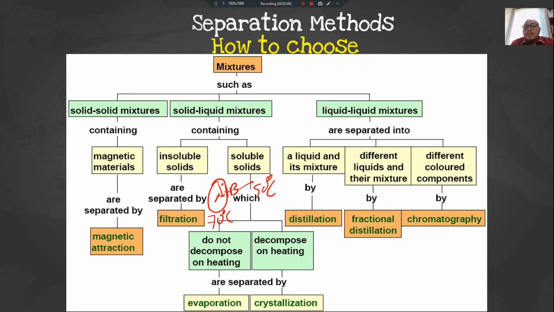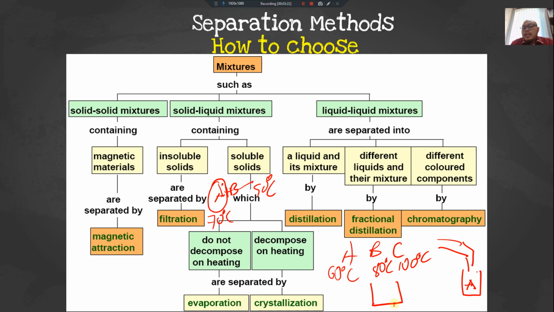What is meant by liquid and mixture? For example, you have three components, A, B, C. You want to separate A only. A boils at 60 degrees C, B at 80 degrees C, and C at 100 degrees C. So you apply distillation at about 60 degrees Celsius so you can separate A. At the end of distillation, you collect A, and over at the heating, you are left with B plus C, because you apply heat at 60 degrees Celsius only.